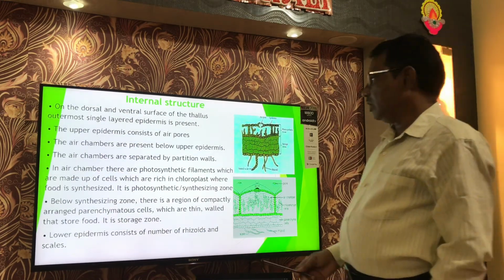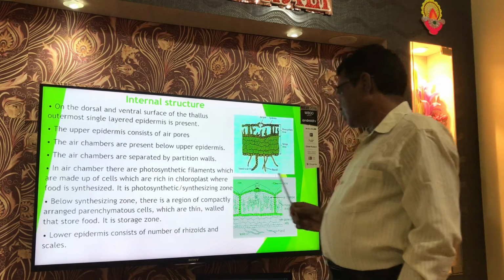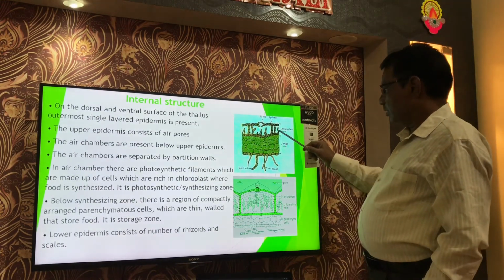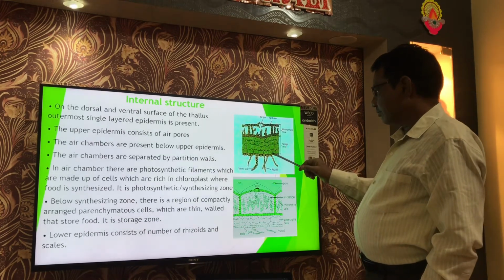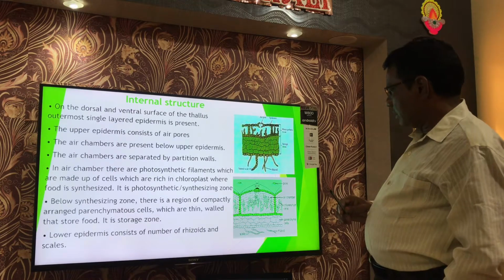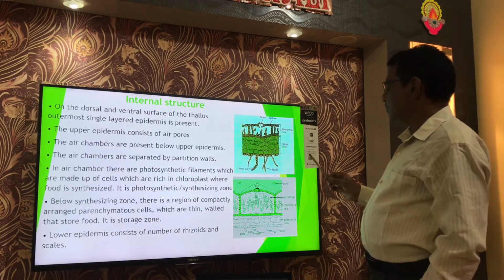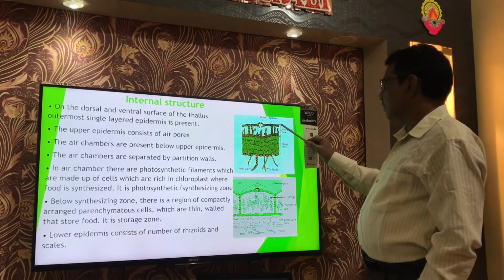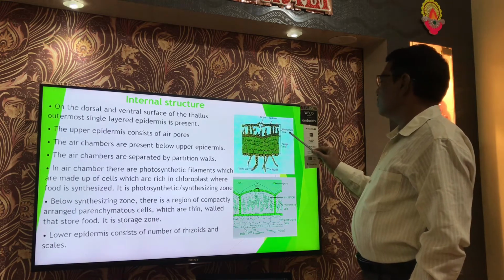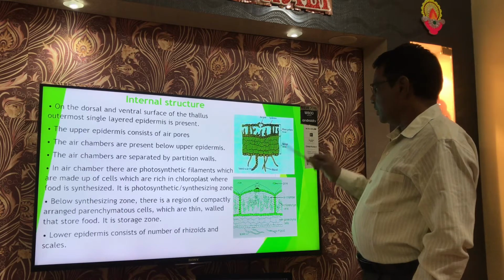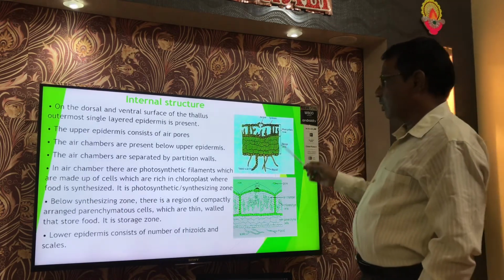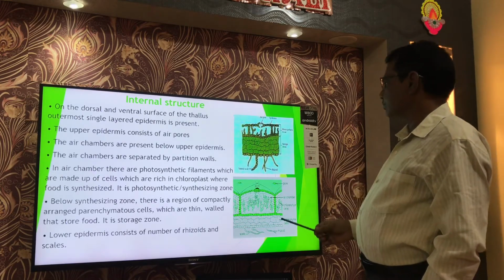The next important point is the internal structure of the thallus of Marchantia. If you observe this diagram, internally the thallus of Marchantia is clearly differentiated into two distinct regions. One, present on the dorsal surface, is the photosynthetic region, which is also called the assimilatory zone.